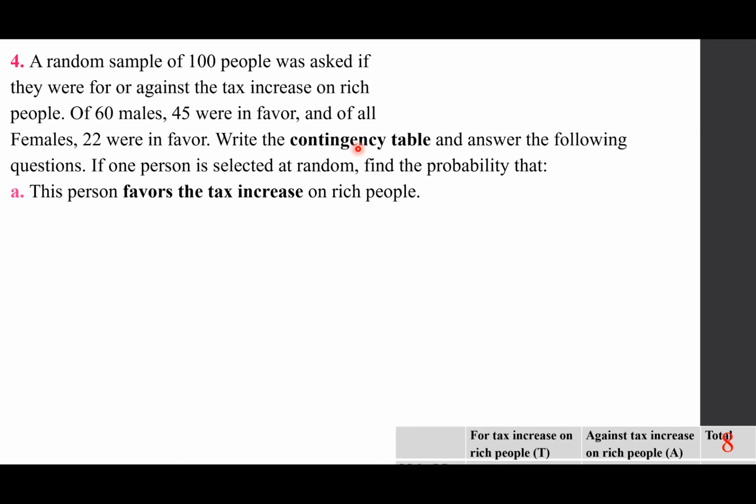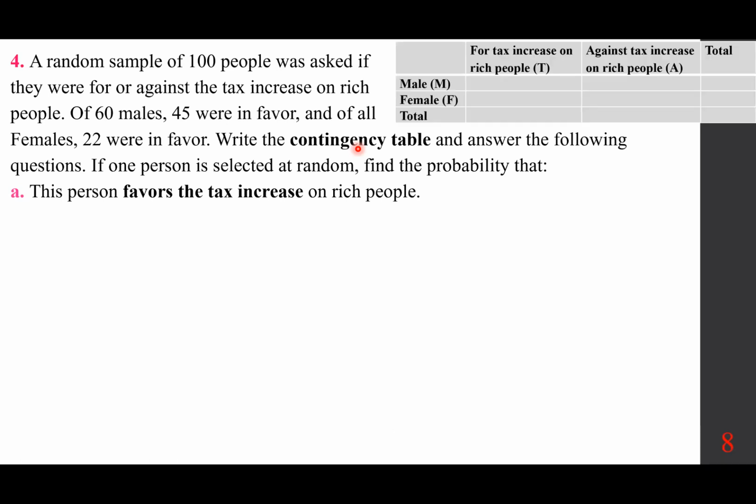So the table, this is a contingency table: male, female, for the tax increase, against it. We're going to give them letters to make it easier when we want to write the formulas. M represents male, F for females, T those who are for the tax increase, and A against it. So a random sample of 100 people, that means this total must be 100.